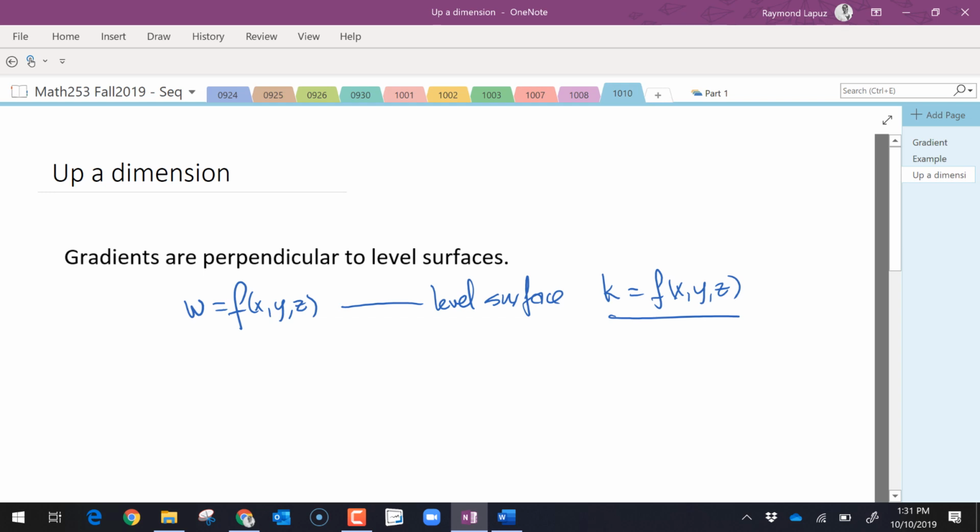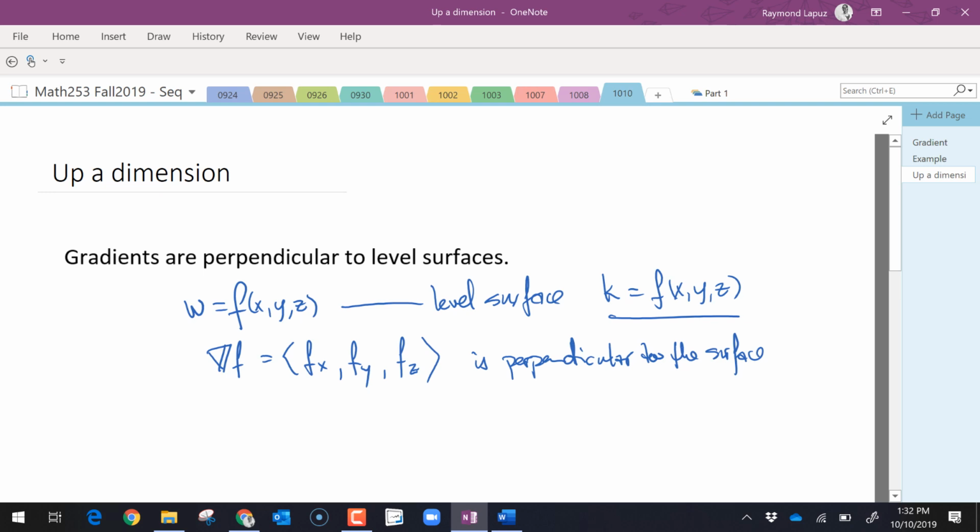And a gradient in 3 dimensions is just a 3-dimensional vector. And that 3-dimensional vector is going to be perpendicular to the surface k equals f of x, y, z.